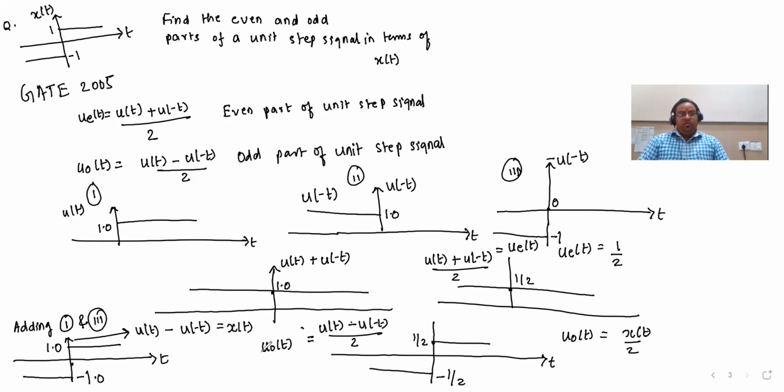So when we want to find out the odd part of the signal, we will get it as x of p by 2. Okay. So let us take another problem.